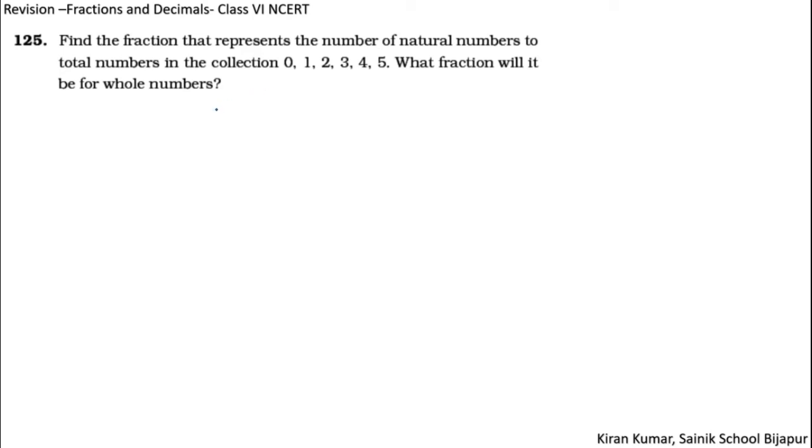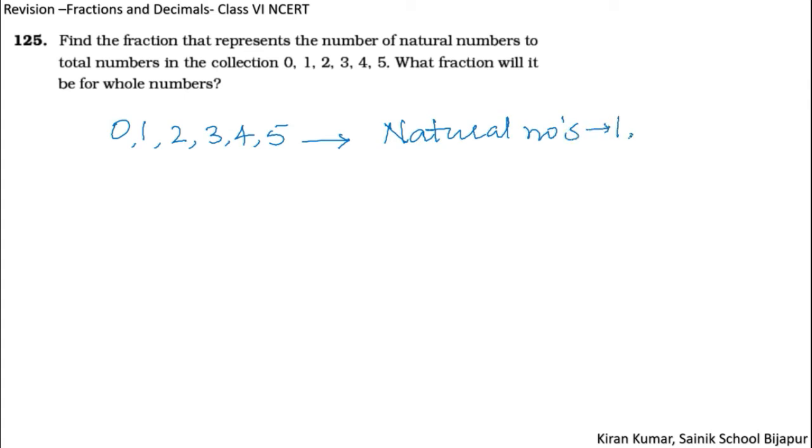The fraction represents the natural numbers of the total numbers. 5 by 6. Because 0, 1, 2, 3, 4, 5. In this, the natural numbers are 1, 2, 3, 4, 5.